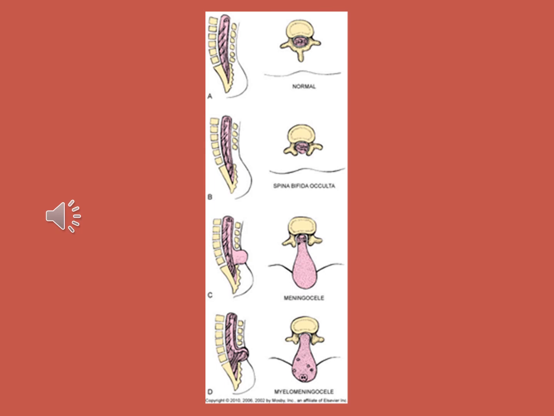So the two major forms, which you see in the picture on the slide, C and D, are the two major forms that we see. Meningocele is a spinal defect, and that sac-like protrusion is what makes the difference between meningocele and myelomeningocele. In meningocele, what we have in the sac protrusion is spinal fluid, and the meninges are present.